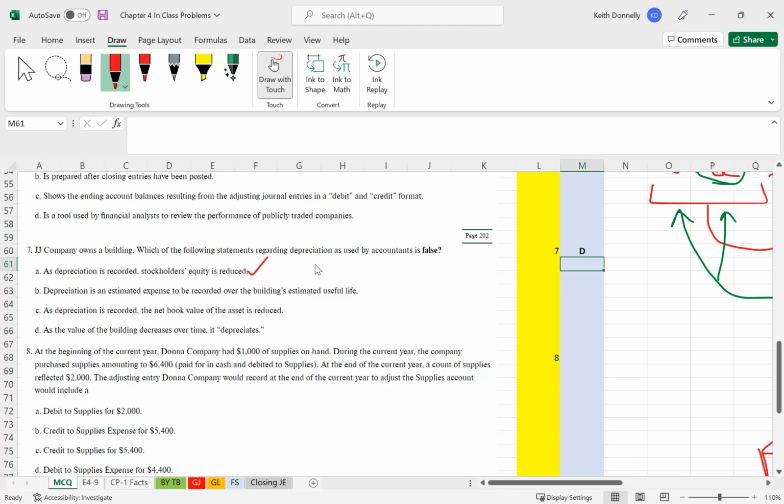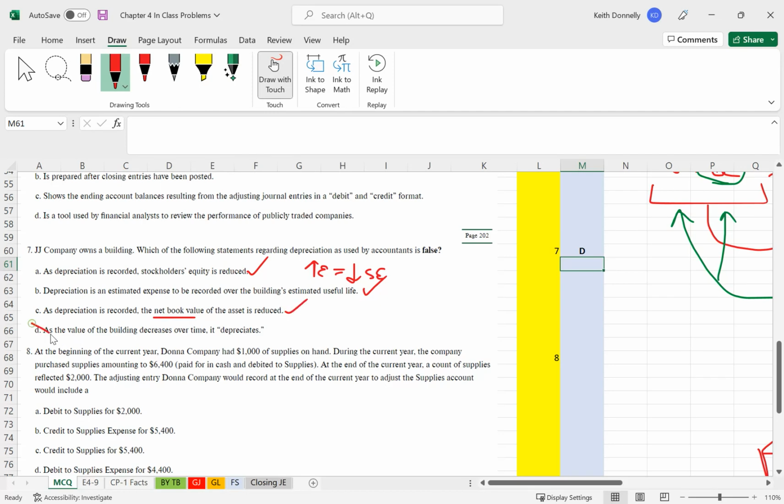That's true. If you have an increase in an expense, depreciation expense, that means it's going to be a decrease in stockholders' equity. B, it says depreciation is an expense to record the cost of the building over its useful life. That's true. C here says as depreciation is recorded, the net book value of the asset is reduced.